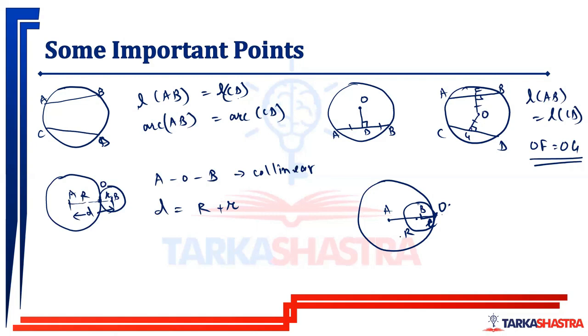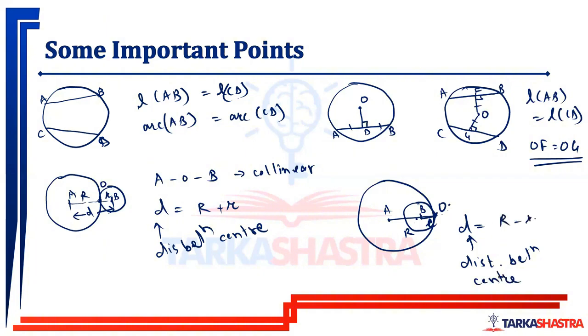AO is the radius of the larger circle, which is capital R. BO is the radius of the smaller circle, which is small r. So for AO and BO, the distance between the centers, D, is nothing but the difference of the two radii. So these are the basics of circles which you need to remember and understand.